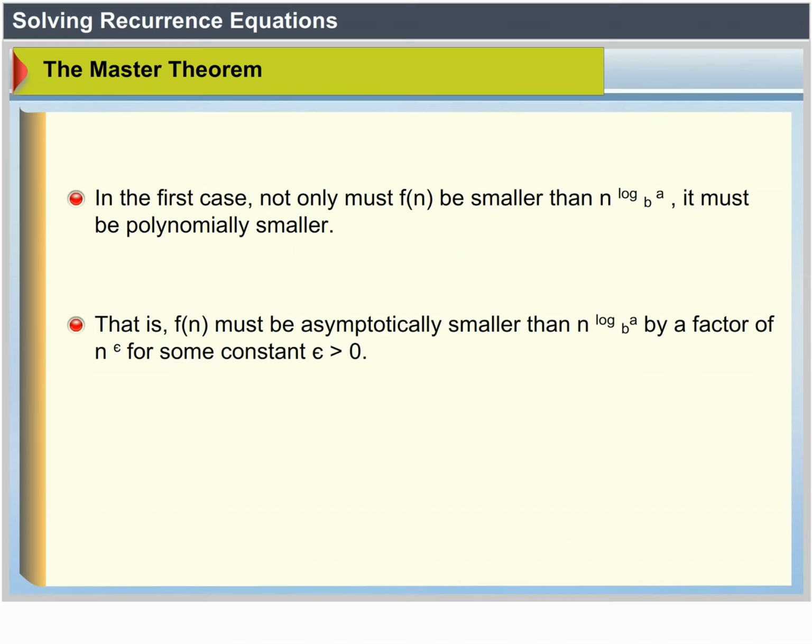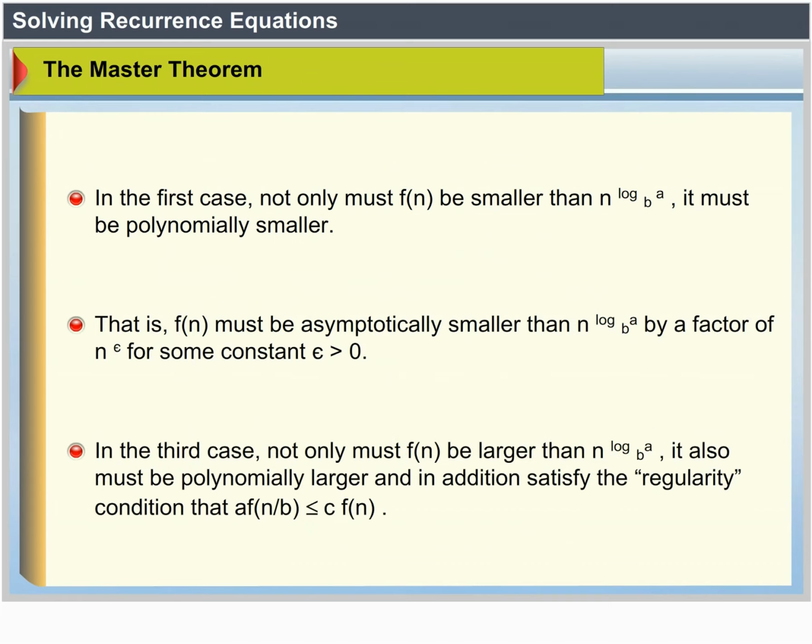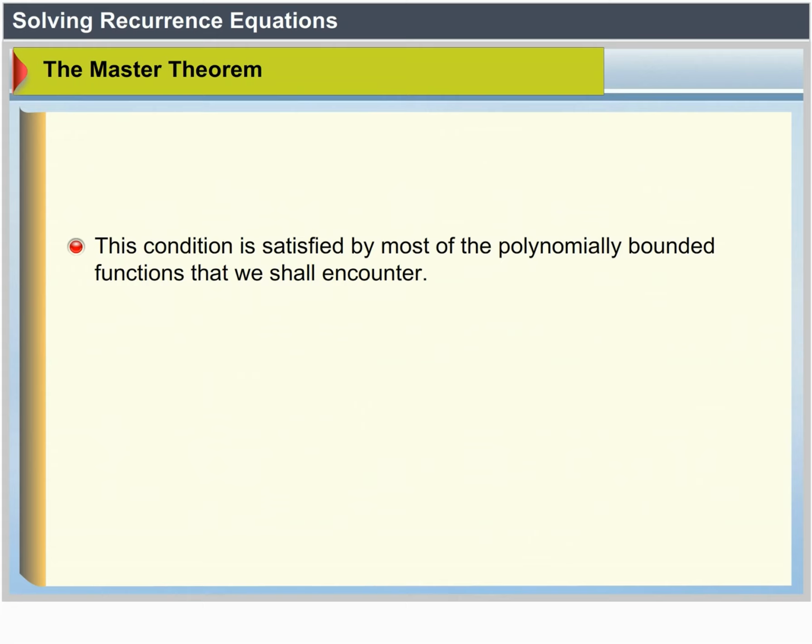In the third case, not only must f(n) be larger than n^(log_b a), it also must be polynomially larger and in addition satisfy the regularity condition that a f(n/b) ≤ c f(n).